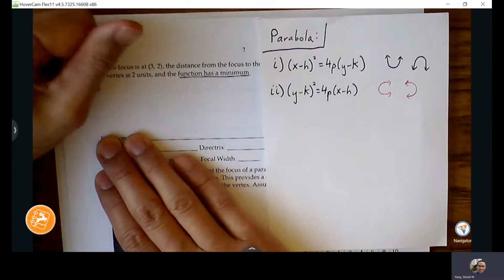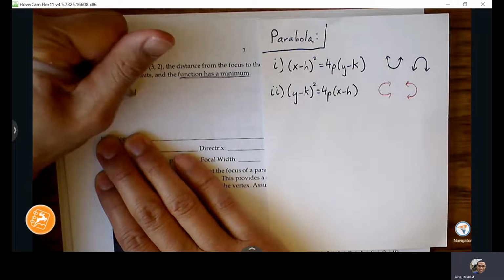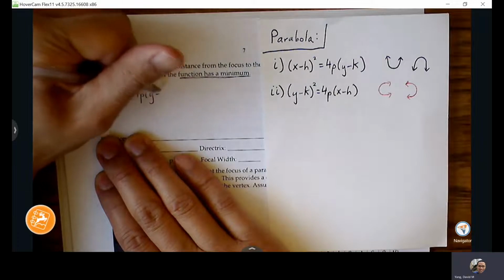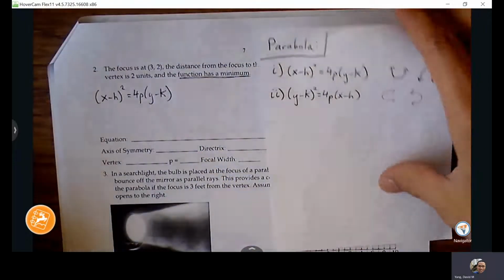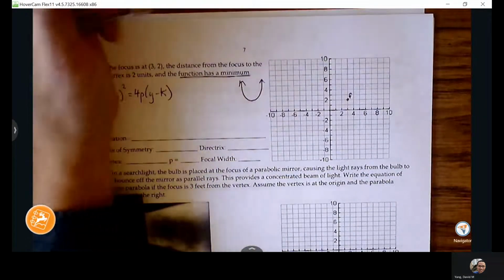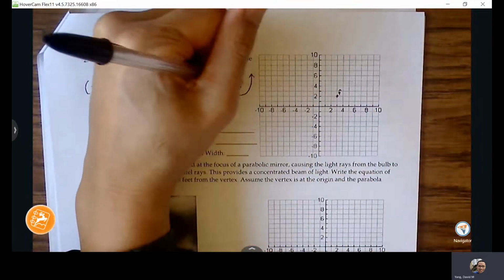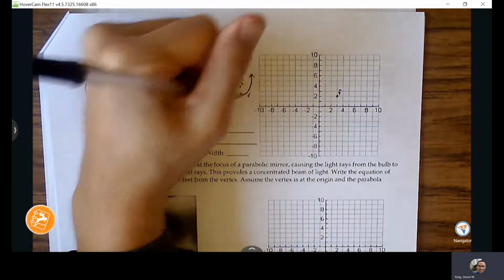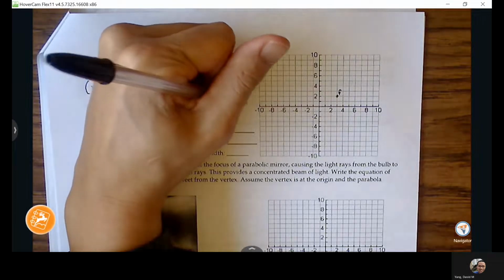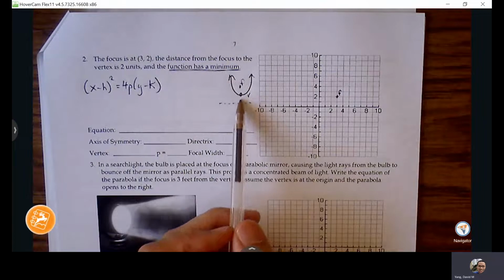If the graph opens up, we know our equation will be x being squared. So if the graph opens up, you know the focus is going to be inside the parabola.